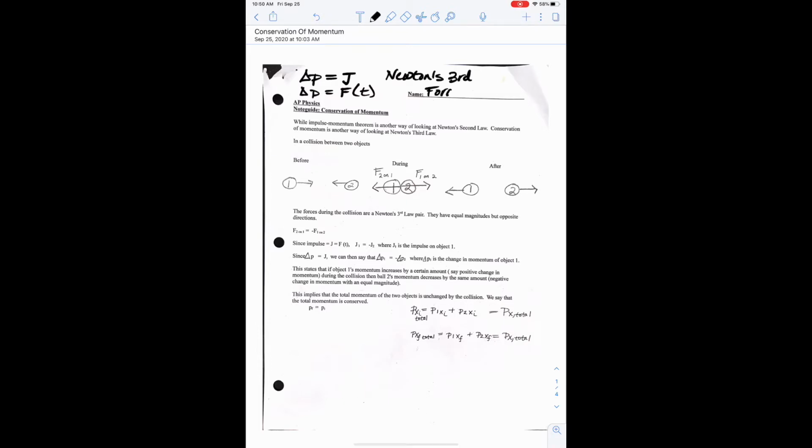Forces are equal and opposite, occur on different objects, and are simultaneous.